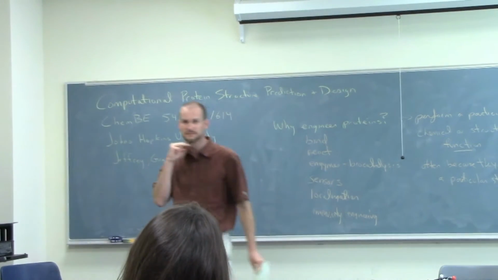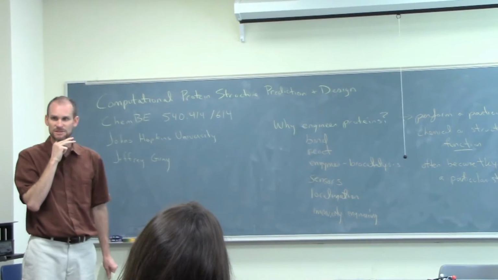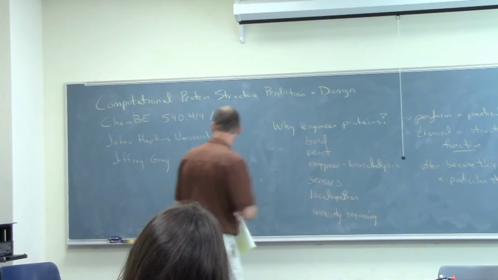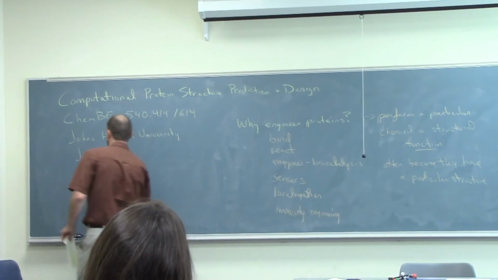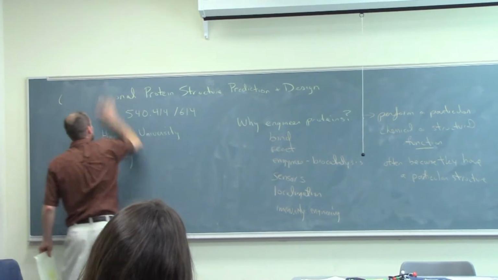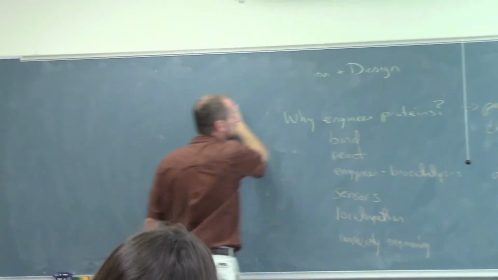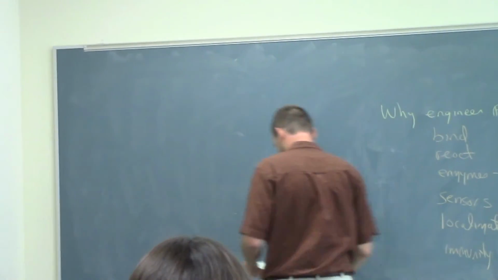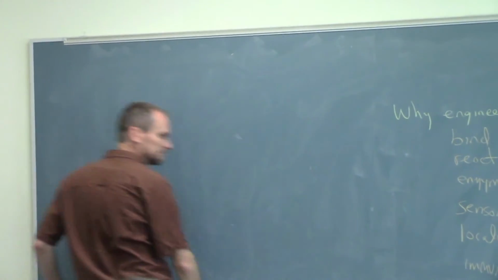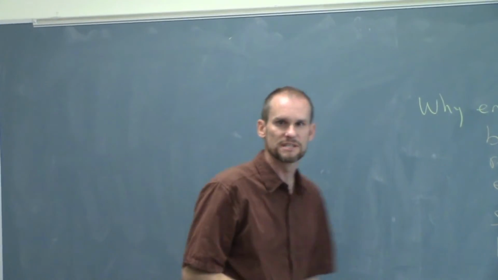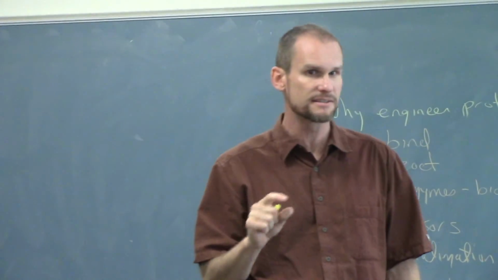Okay, so what are proteins? Everybody knows this. What's a protein? It's a polymer. A polymer of? So proteins are polymers of amino acids.